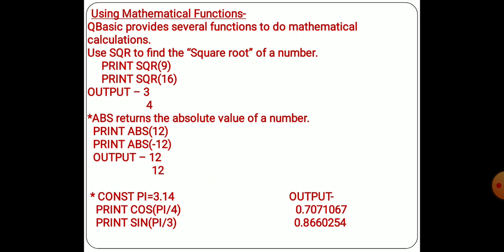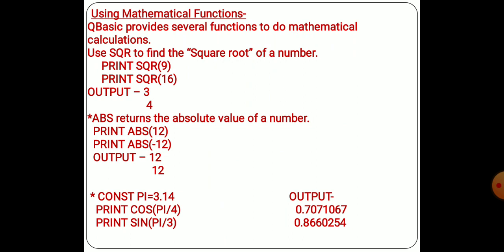Using some mathematical functions, QBasic provides some functions to do mathematical calculation. Use SQR to find the square root of a number. Here you will get the output. ABS returns the absolute value of a number. That means ABS converts a negative number to a positive number in the output.